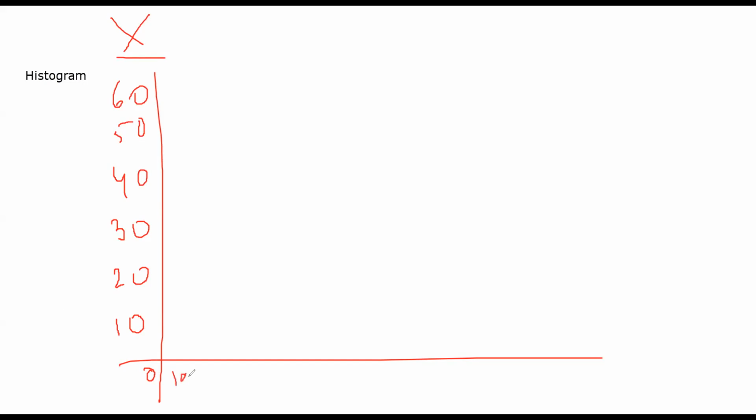From 1960 to 1970, let's suppose the population of that country was around 20 lakhs. This is one bar. Okay, you can have it this way.